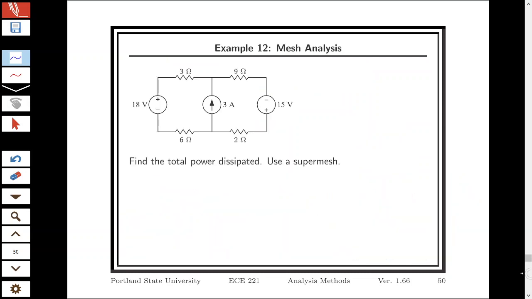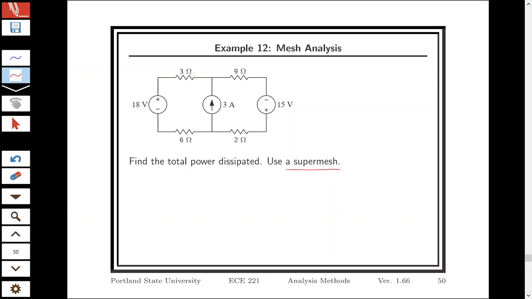So let's move on to the same question, example 12, but now we shall use this supermesh concept. So now our mesh analysis becomes complete. When we consider supermesh conditions, our mesh analysis technique becomes complete.